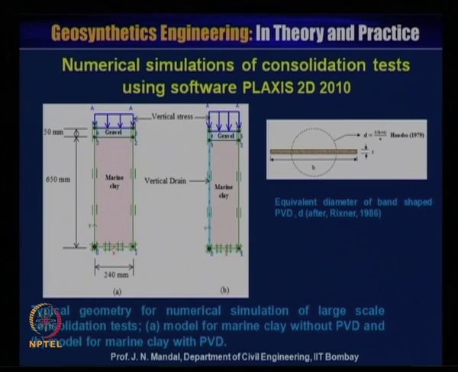So 105 into 2, that means almost 210 divided by pi. This will give almost a value of about 65. That is the way the equivalent diameter of the sand drain has been considered. I will maybe tell more about this later on.